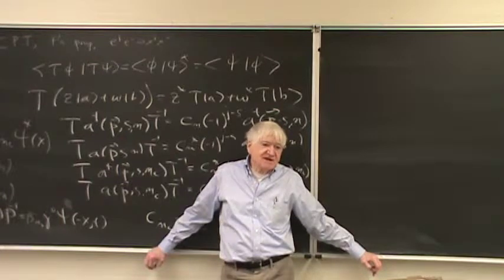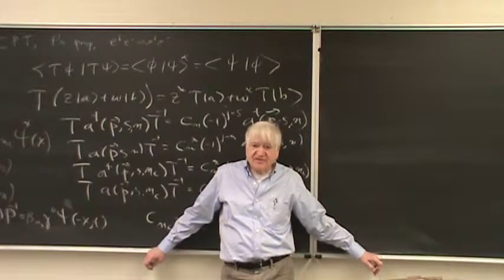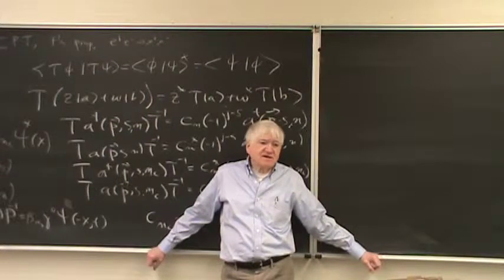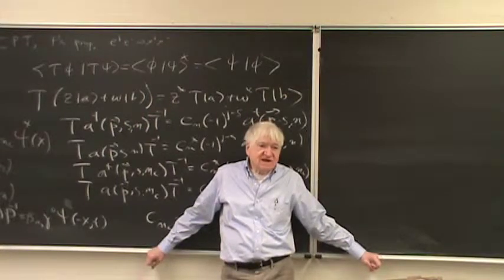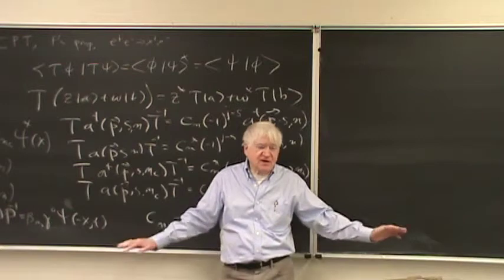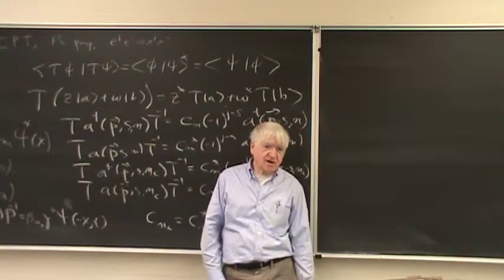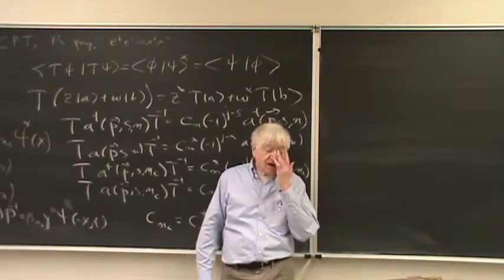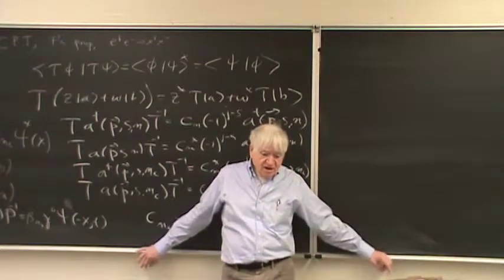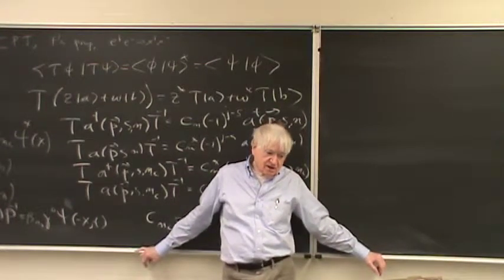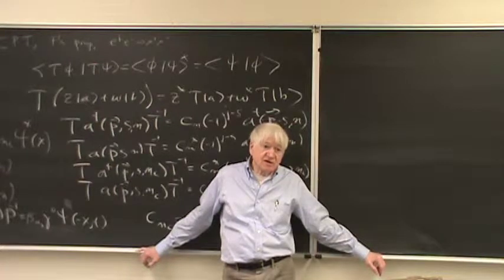Originally, say, in the early 50s, people were convinced that P, C, and T were all invariant in quantum field theory. And then Yang and Lee pointed out that this wasn't by any means clear in the weak interactions, and it had to be settled by experiment.